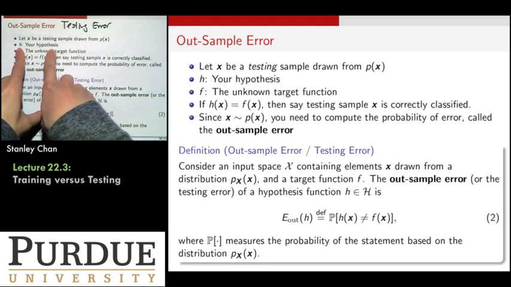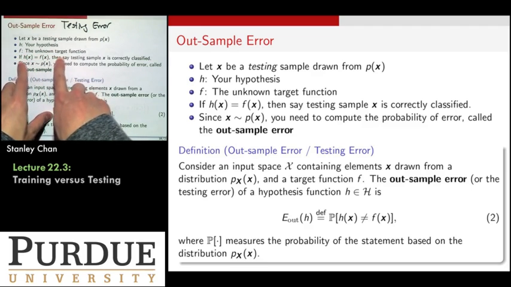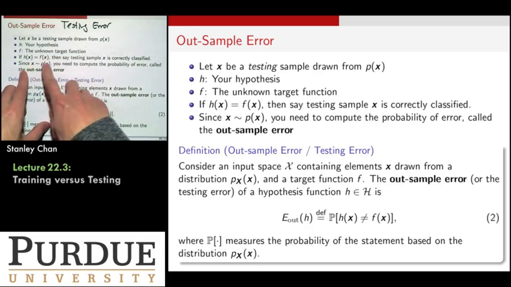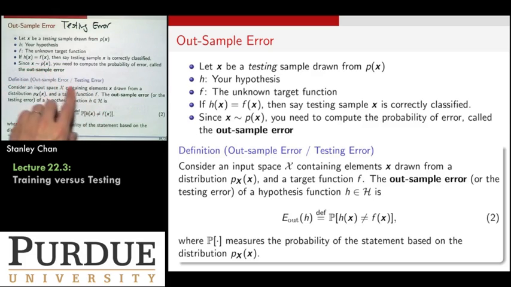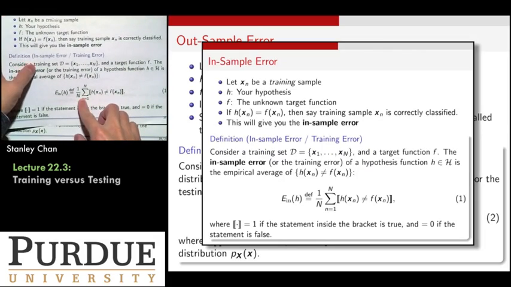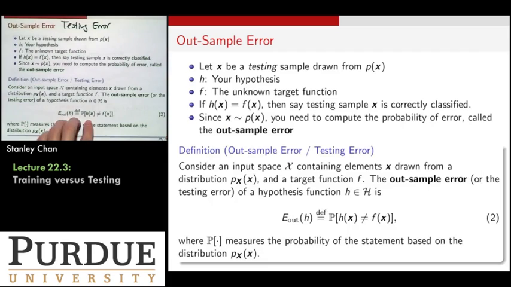H is still the same current hypothesis that you're considering. And then F is the unknown target function. If they're equal, then you say that it is correctly classified. And since X is drawn from this P of X, you cannot just write the summation of all the samples because you have infinitely many of these X. So what should you do? You should measure the probability.